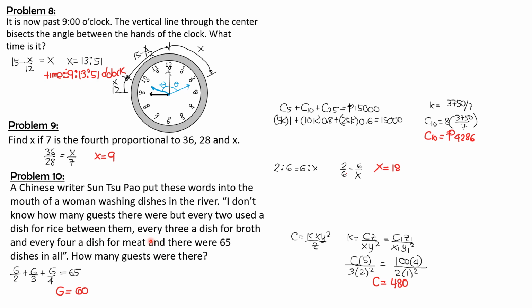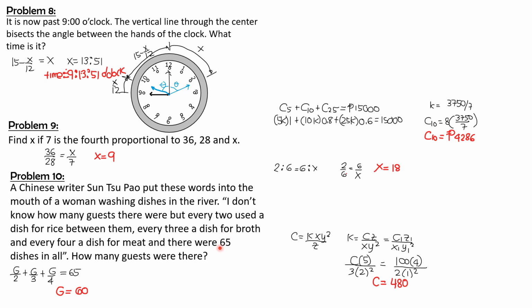So if we call G the number of guests, then that number should be divisible by 2, by 3, and by 4. So that's the idea for the answer. So we know the number of dishes, 65.